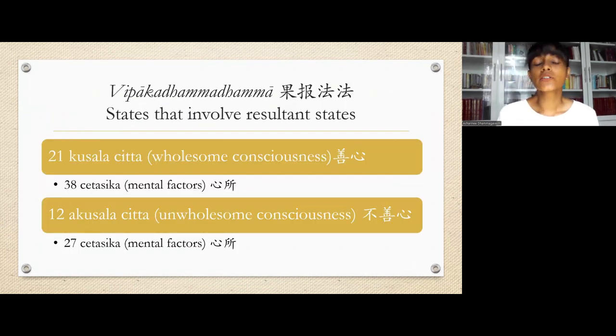Now we move on to the second term. Vipākadhamma: states that give rise to or cause resultant states. Under this term, we get 21 kusala citta, wholesome consciousness, together with 38 cetasika, and 12 akusala citta and 27 cetasika.